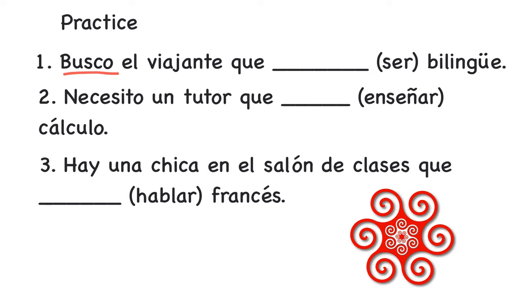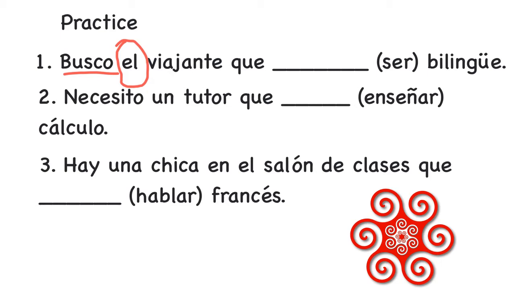Now, there's another element that is very important to determine whether this sentence is going in the indicative or the subjunctive, and in this case is the article. We're using a definite article. When we use a definite article like el or la, it means that we know that person, that thing.